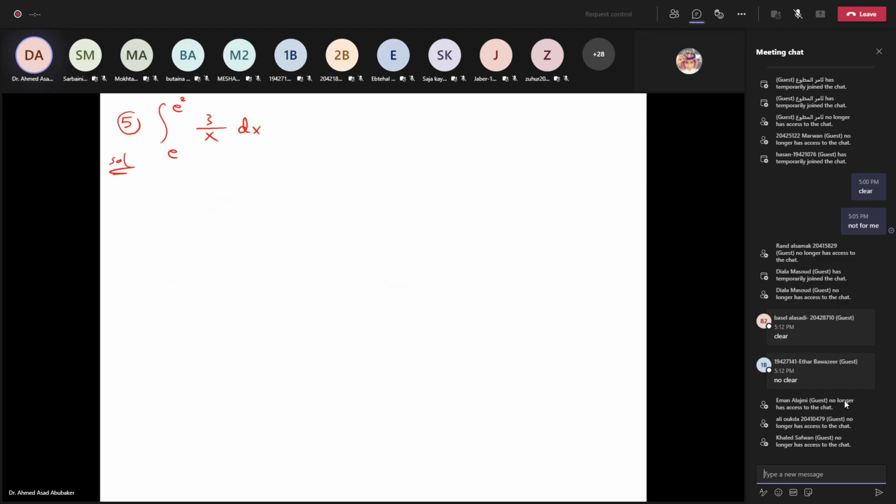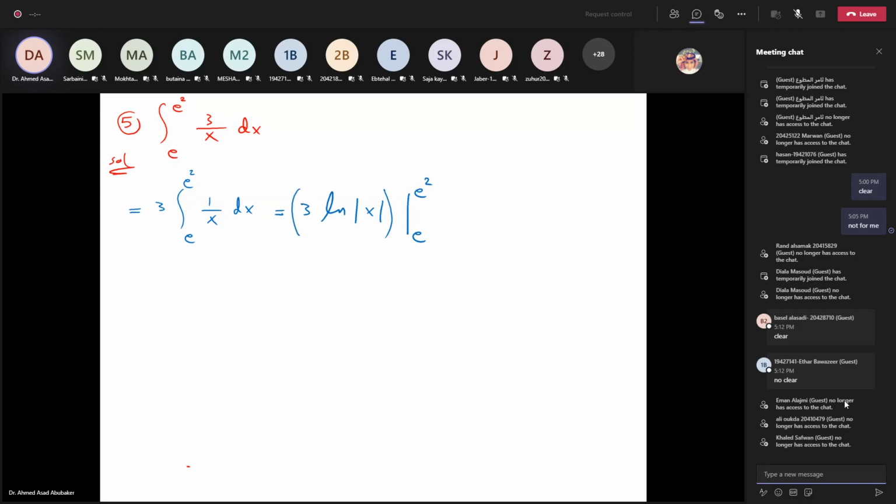The solution: we can put the 3 outside, so we have 1 over x from e to e² dx. So we have 3 multiplied by ln|x|. Now substitute e and e².